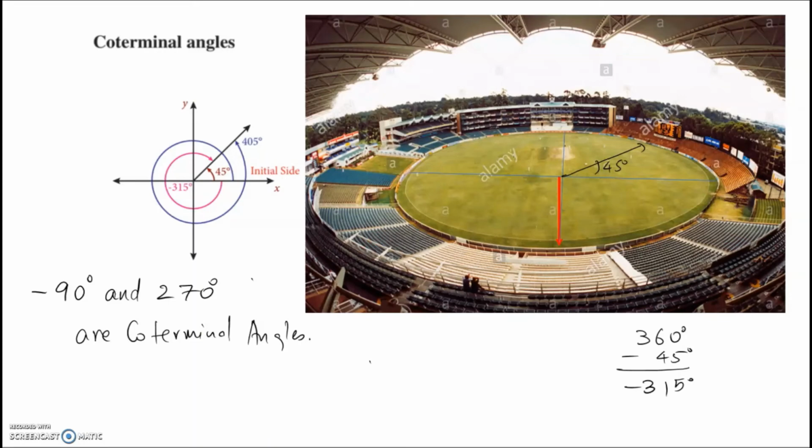So if you're running in the opposite direction to reach this 45 degrees, it's going to be minus 315 degrees. Minus 315 is a coterminal angle with 45 degrees, and 45 degrees is also a coterminal angle with 405 degrees. I hope with this you will be able to determine the coterminal angles for given problems.